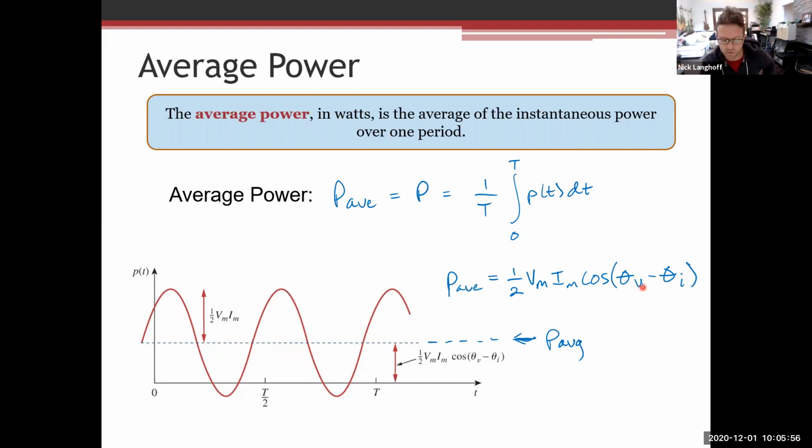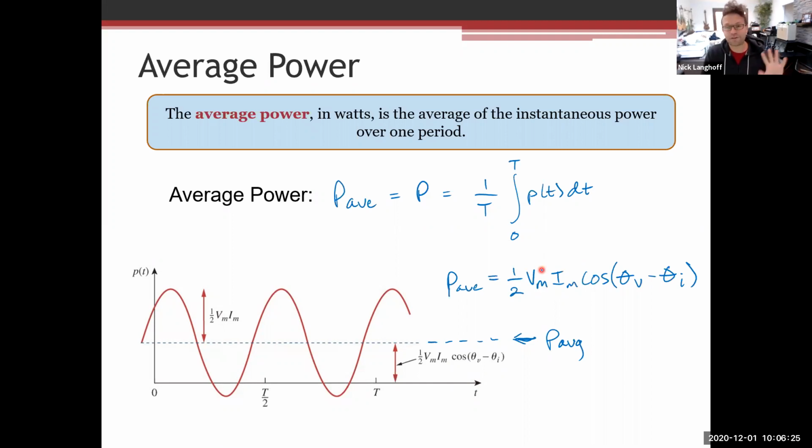So if the voltage has some phase offset theta V and the current waveform has some phase offset theta I, then the cosine of the difference between those two angles times 1/2 V max times I max gives you the average power at any time. And we'll derive that on our next slide here.